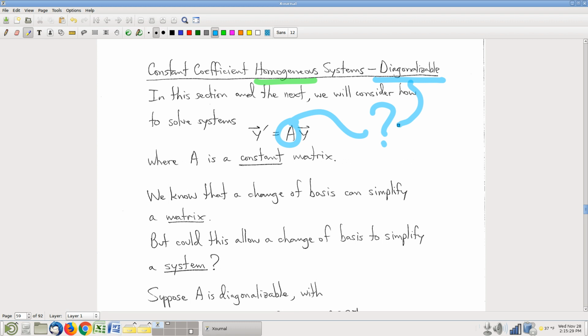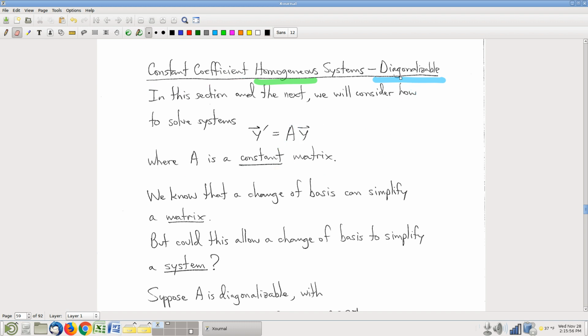We're going to start by considering the diagonalizable case. Right? We're going to start by assuming that matrix is diagonalizable. Oh, constant, by the way. Right? I kind of glossed over that part. Constant coefficient means that the A matrix is constant. So it being diagonalizable makes something really nice happen, ultimately. Okay, so that's our first consideration.